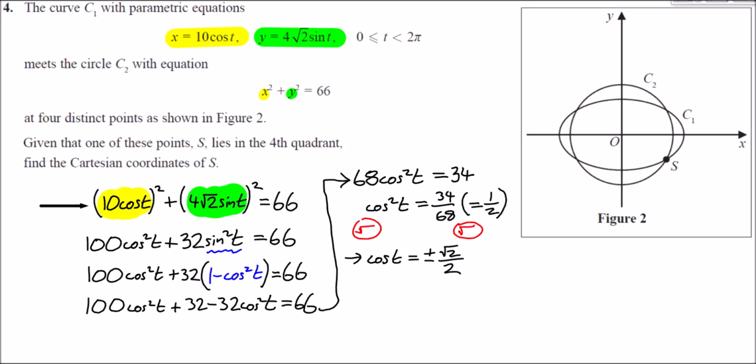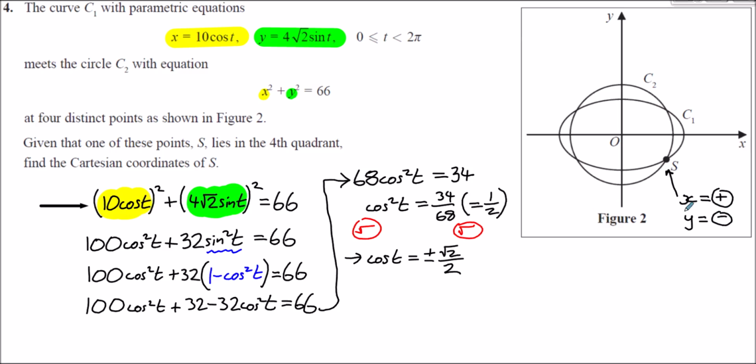And before going on, we may as well just have a look at this coordinate S here. So S, this coordinate, is clearly going to be where x is positive, and this is where y is negative. So it's just worth drawing our attention to this now. X is 10 cosine t.